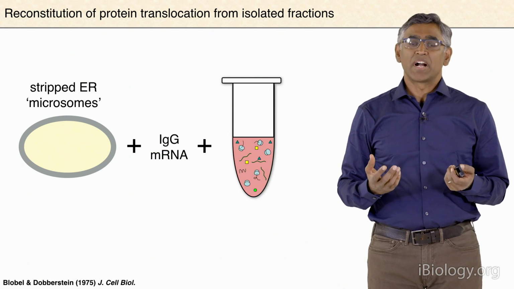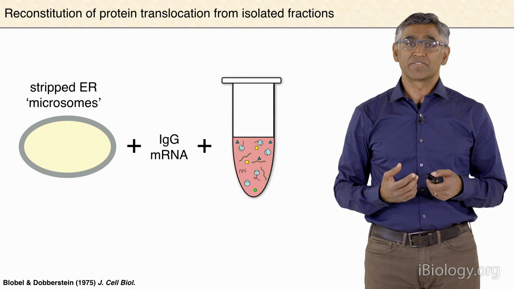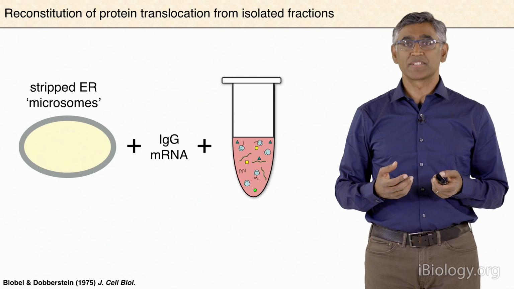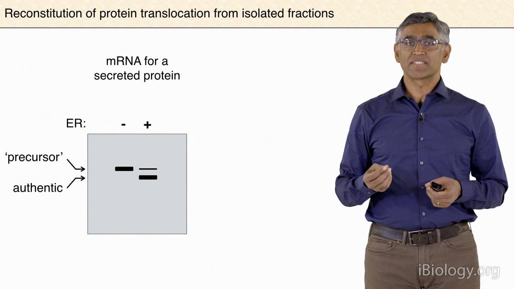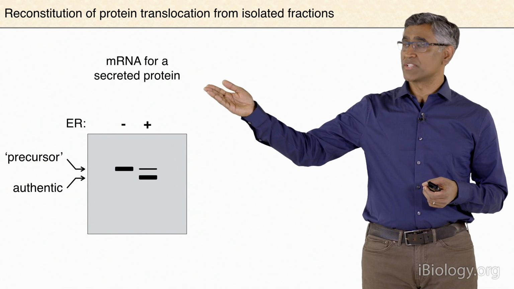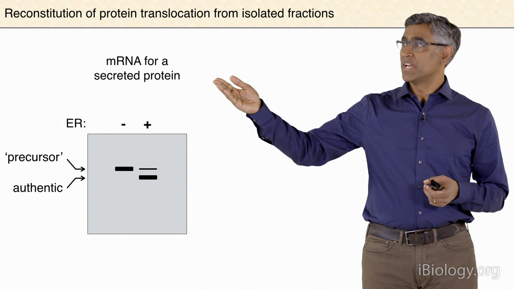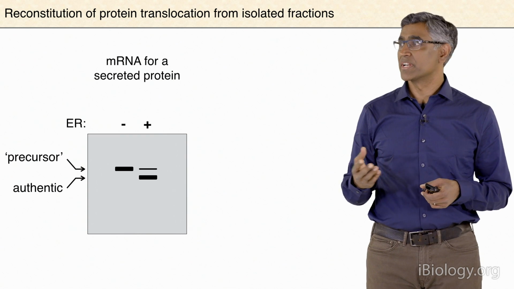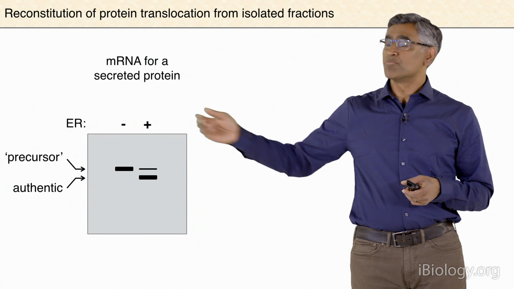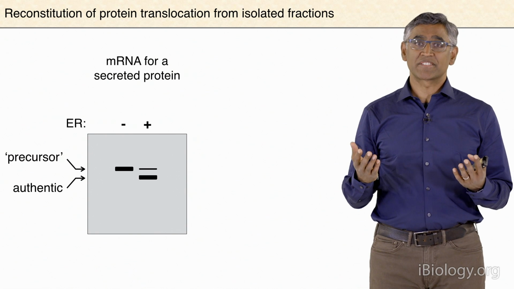And so here, I'm just schematically depicting the kind of results that Blobel and Dobberstein saw. What they did is they synthesized the mRNA for a secreted protein, for example, the immunoglobulin, in a reaction without ER, which is shown on the left here, and you see one primary translation product.